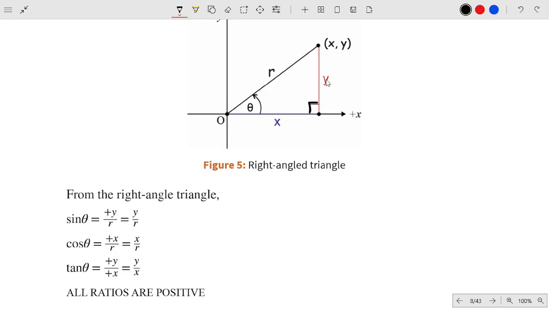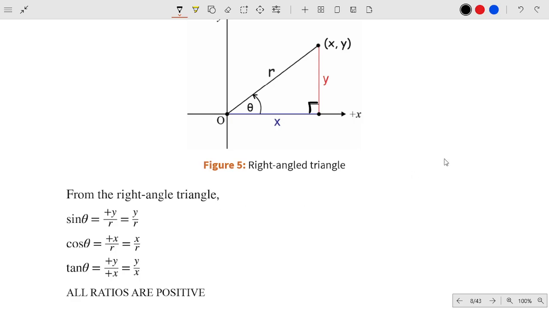So this is going to be y on R. And you can see clearly that they are all in the first quadrant. So this is going to be a positive ratio. So sine here will be y on R. So it is positive. So meaning that in the first quadrant, sine is positive.